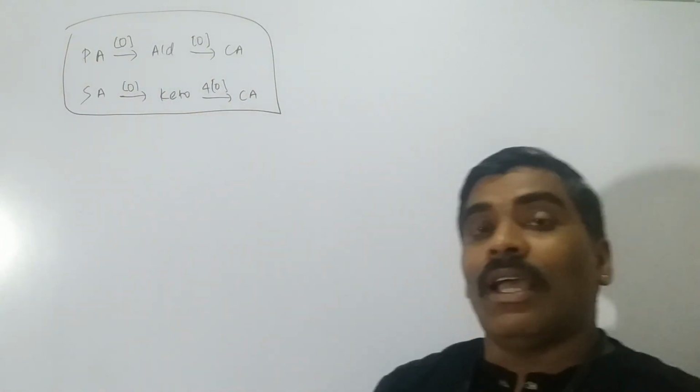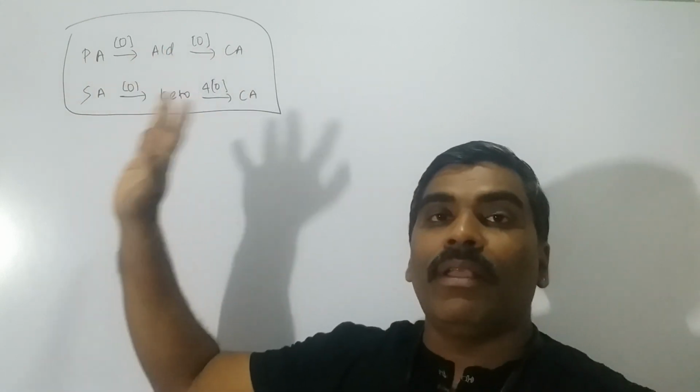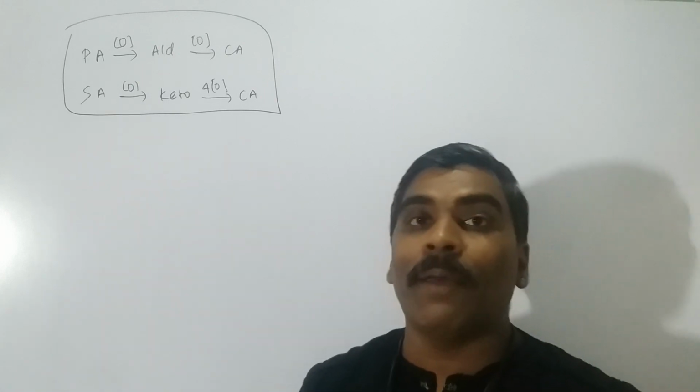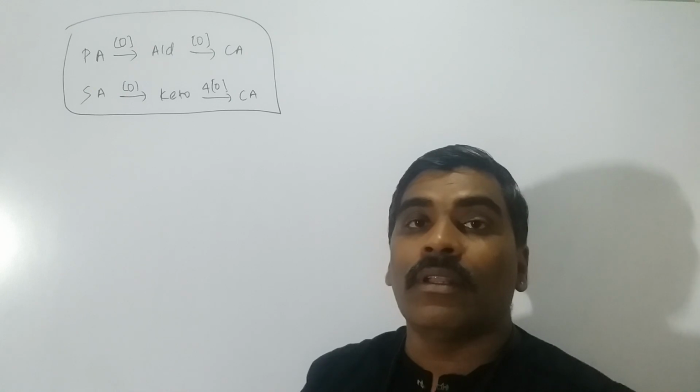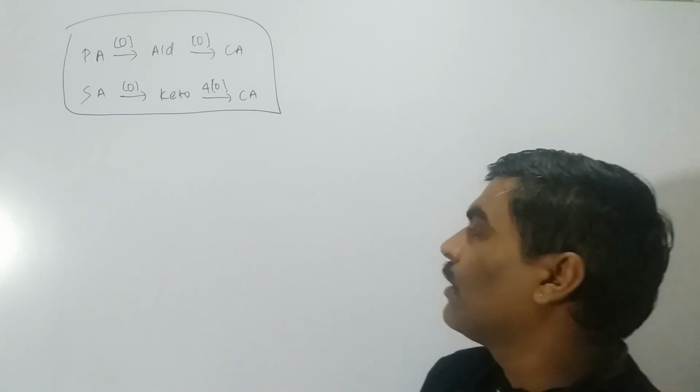And as I said, in primary, the number of carbon remains the same throughout the reaction. And for the secondary, what happens? The acid contains 1 carbon less than the secondary alcohol. Okay.